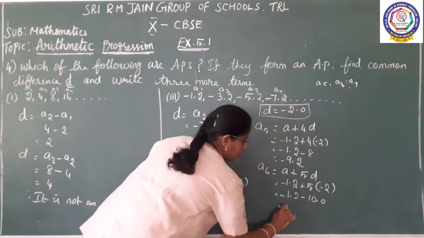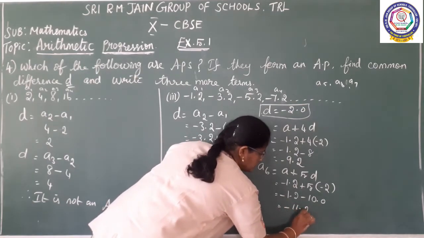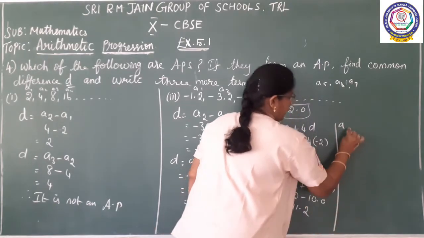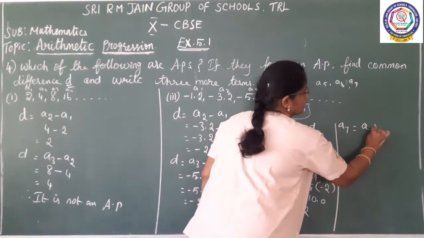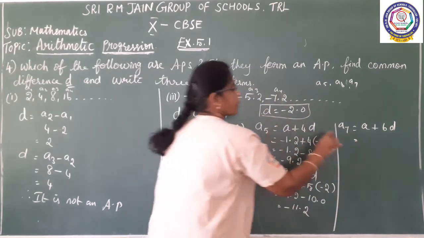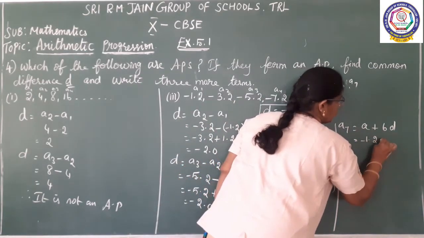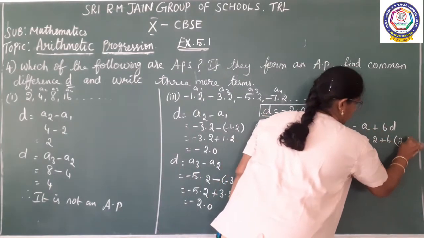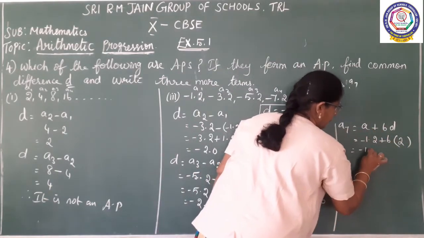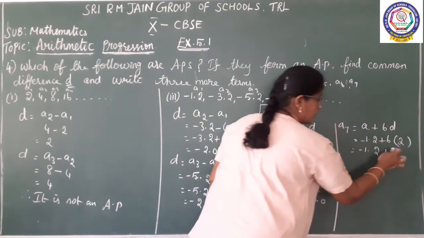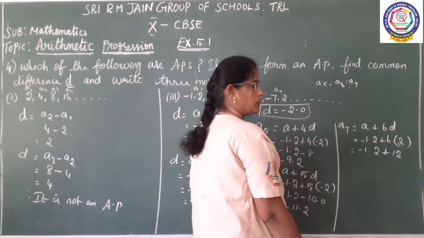If you are adding, minus 11.2. Next one, A7. A7 can be written as A plus 6D. What is A given? Minus 1.2 plus 6 into, what is the common difference we got?